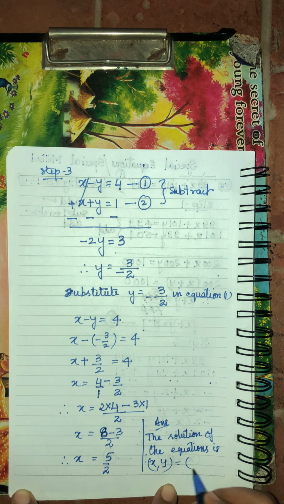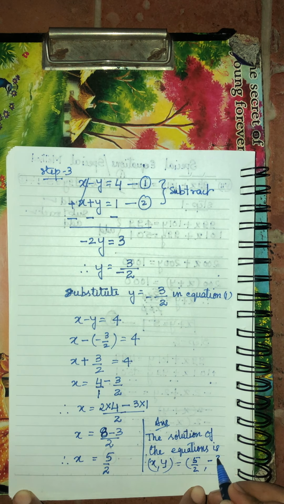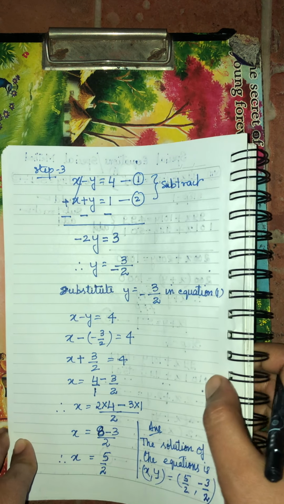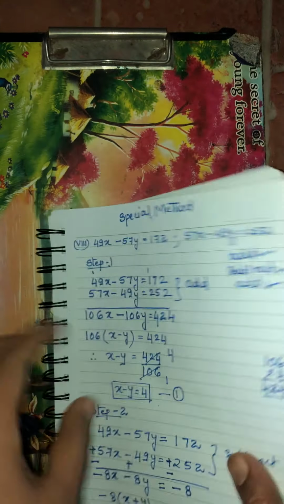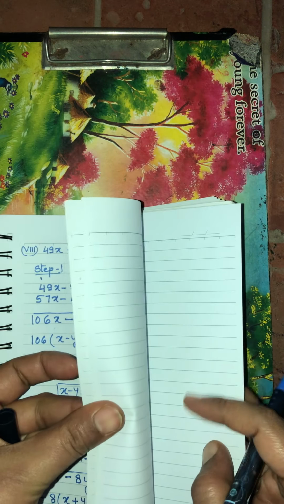You will get it as 5 upon 2 and minus 3 upon 2. Fine, children. Now let us go to the next question of such kind.